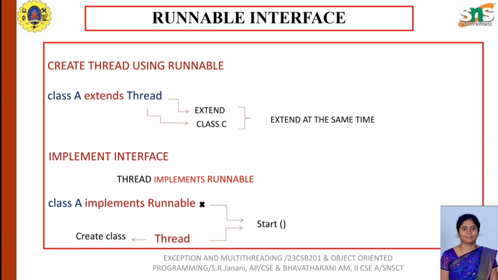Here the start function is not included in Runnable, so we are creating a Thread. Thread has the start function, and we create the thread so that the class is created. Runnable does not have a start function, so we do it this way.